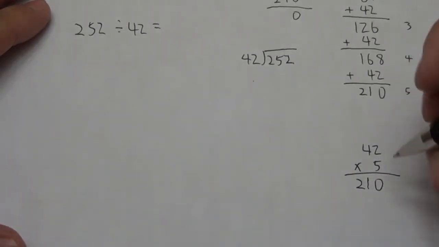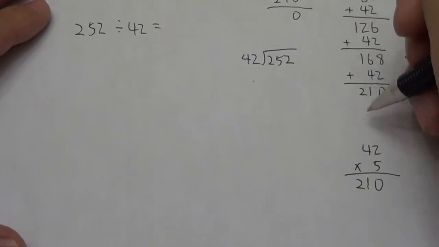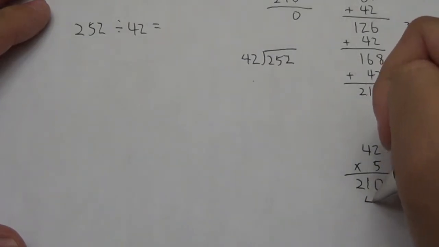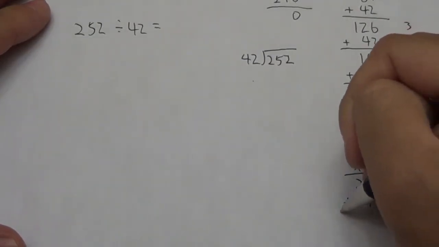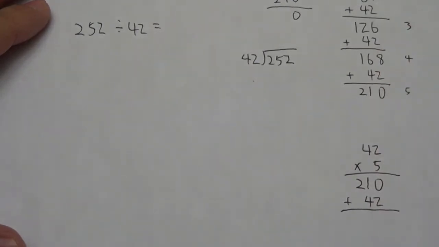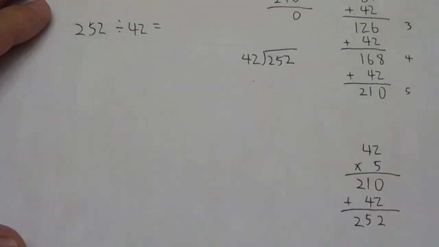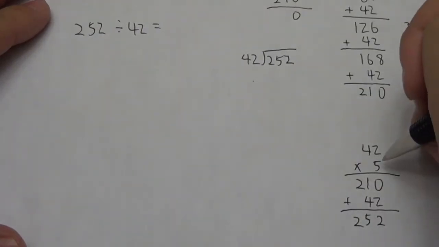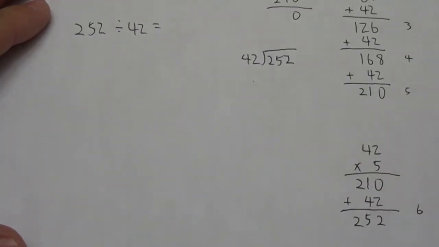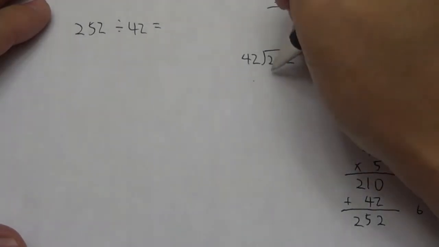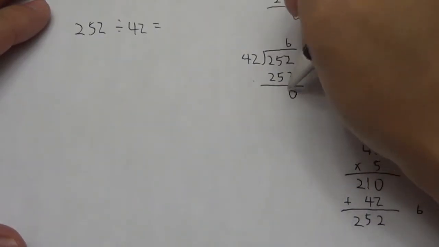All right, so the reason why I like to do it this way is because then I can right away just add 42 to the work I just did over here. And now we get 252, and I'll get my 252, all right? And then maybe label it, that's the 6th time, that's 5. So 6 times 42 would give me 252, right? And that would be my answer.